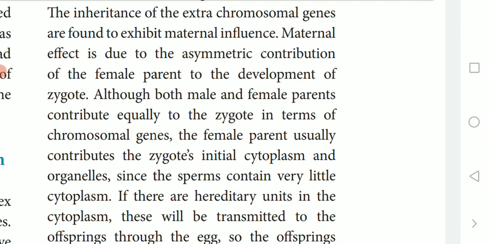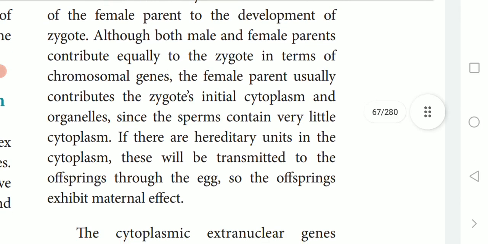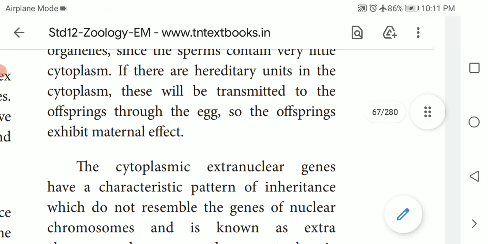The female parent usually contributes the zygote's initial cytoplasm and organelles, since sperms contain very little cytoplasm. So this is transmitted to the offspring through the egg, and the offspring exhibit maternal effect.